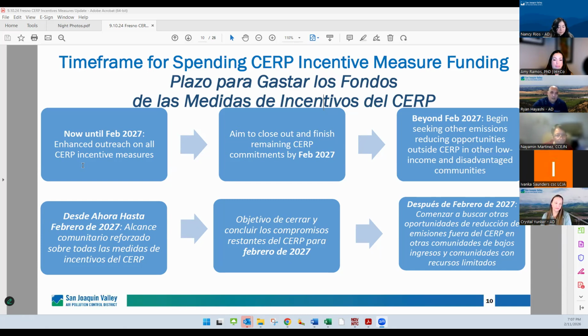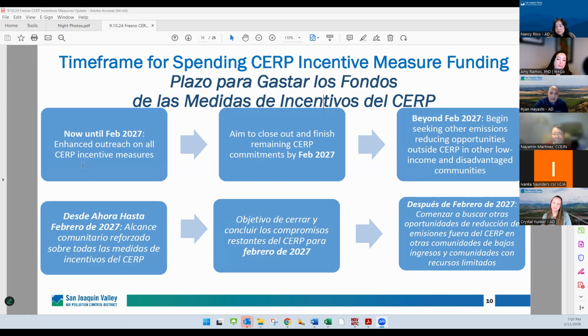And so now we're looking to push the date to fully execute and fund everything to the end of 2027. When the district accepts the incentive funds, there are timelines associated with expending those funds, and we're constantly trying to meet those, holding the money back to make sure it's available for the CERP measures for the different CERPs that have been adopted by the district.